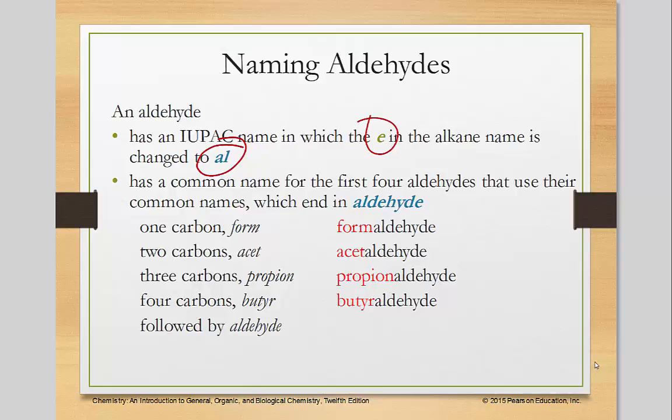If we're looking at common names, the first four aldehydes actually have common names, and that has to do with those prefixes right here. Straight memorization: 1 is form, 2 is acete, 3 is propion, and 4 is butyl. And they just end it with the word aldehyde.